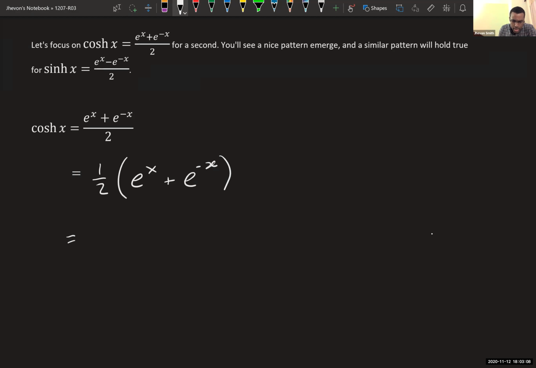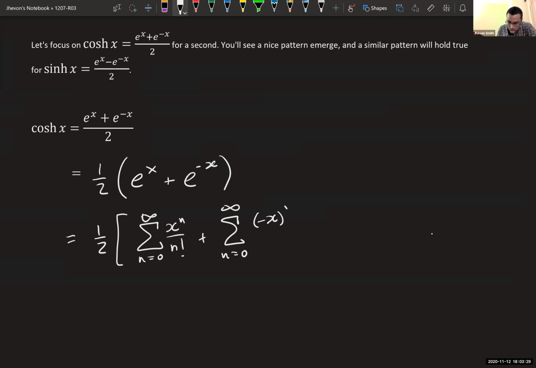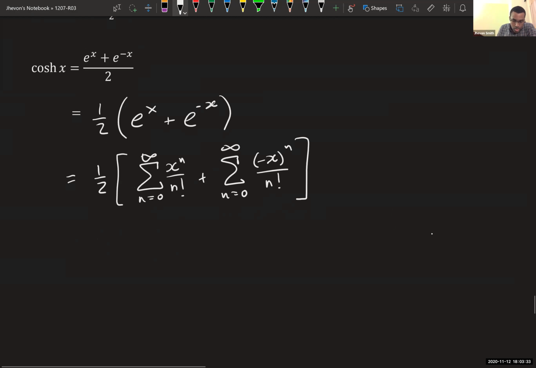Here I can actually apply a Maclaurin series, so we're still in the section on applications of series. e to the x we know by heart by now, hopefully. This is this. e to the minus x is this. Notice here we can start writing these out.